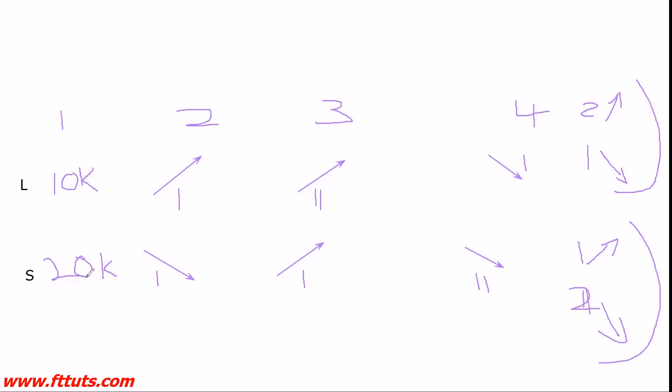Probably here they are coming from this 20k and maybe they went to 18k, then increased again to 19k, then decreased again, maybe to 17k. That is probably what could be happening here.